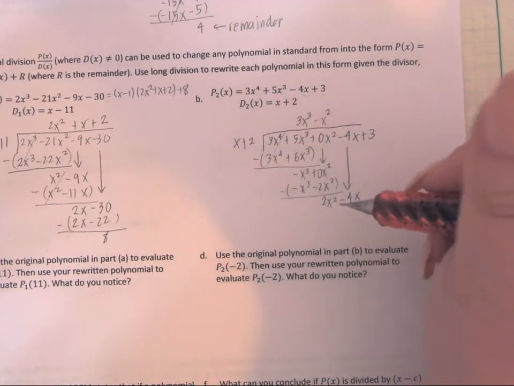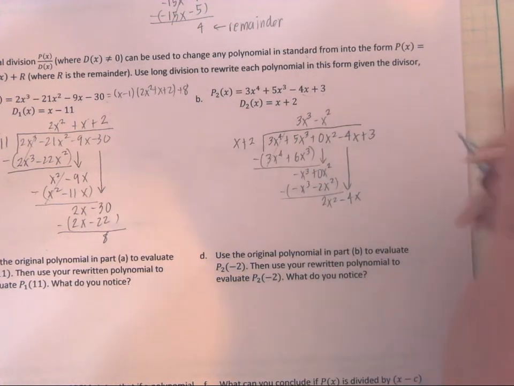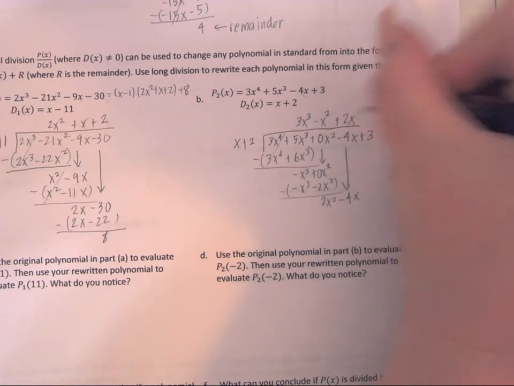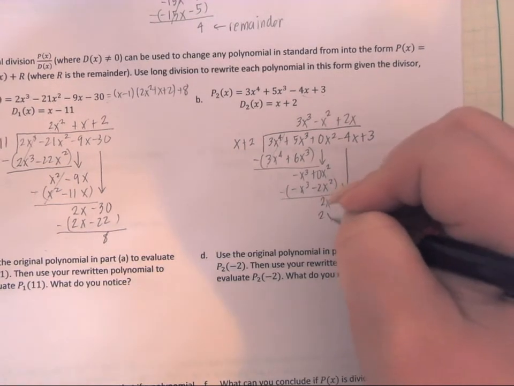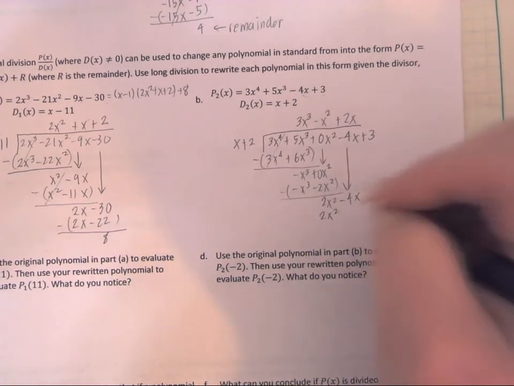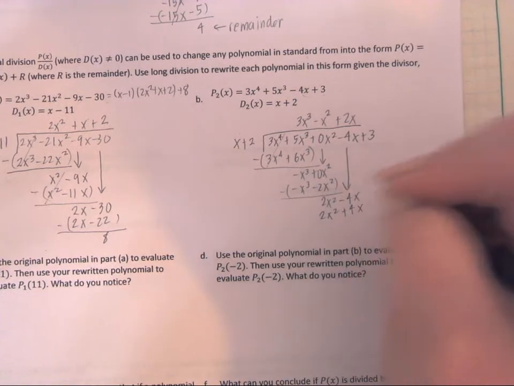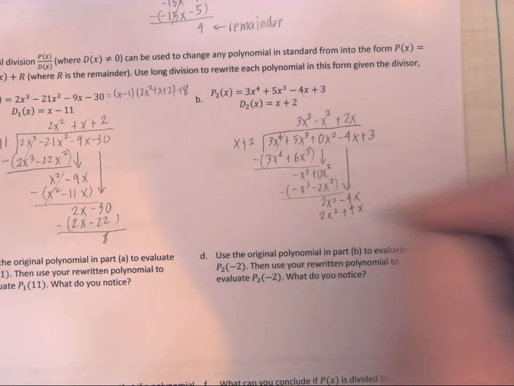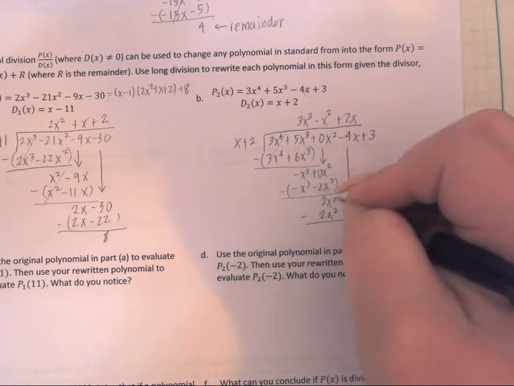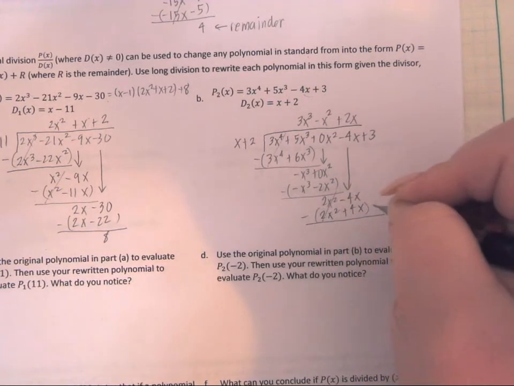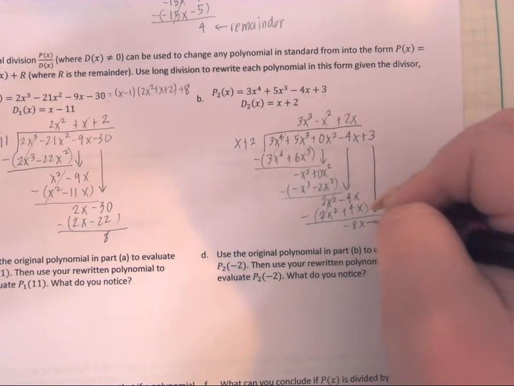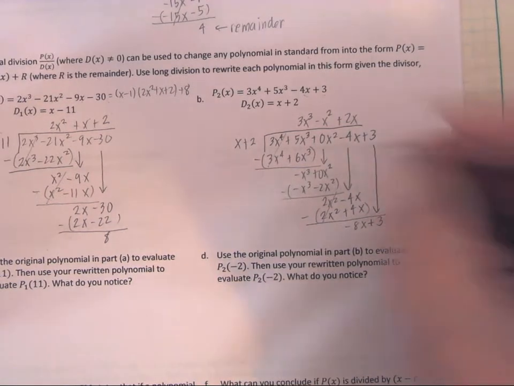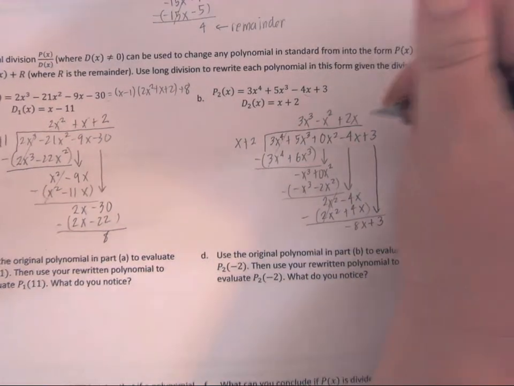X times what is 2x squared? 2x. So 2x times that is going to give you 2x squared. 2x times 2 is going to give you 4x. Then you subtract it, and then you get negative 8x. Last one, bring down the 3. X times what is negative 8x?